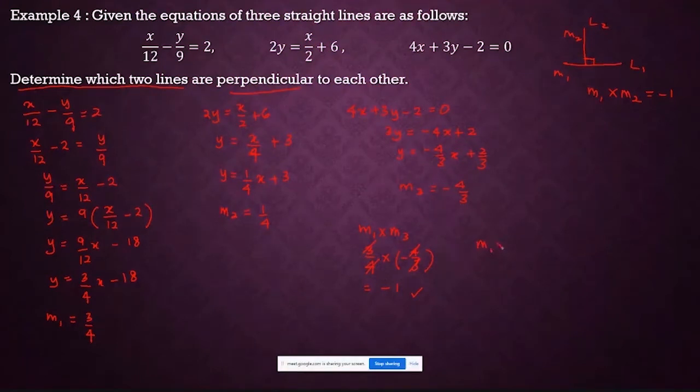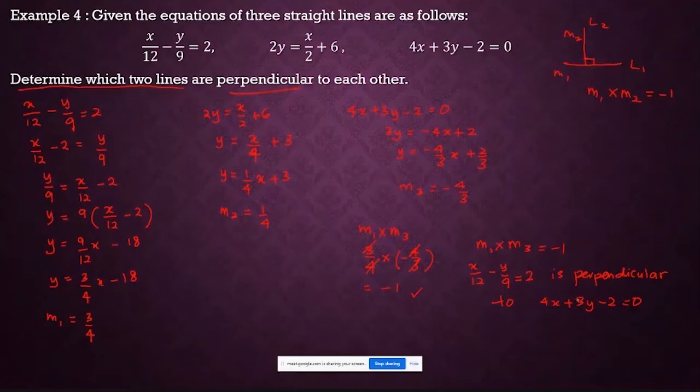So line 1, x over 12 minus y over 9 equals 2, is perpendicular to the line x plus 3y minus 2 equals 0. So this is our conclusion.